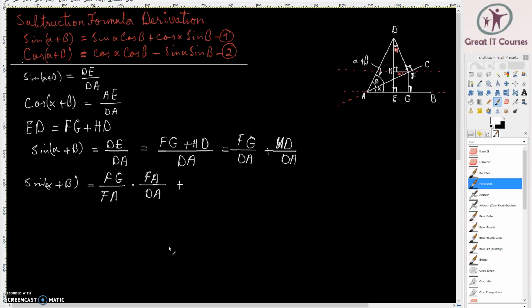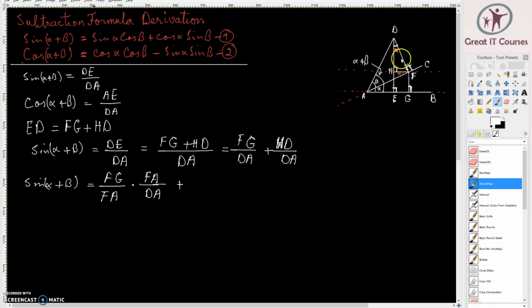So this is part 2 of the subtraction formula derivation, and we've done up to this point, and now we have to find cos alpha sine beta.